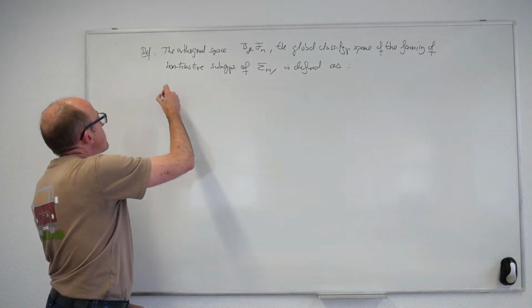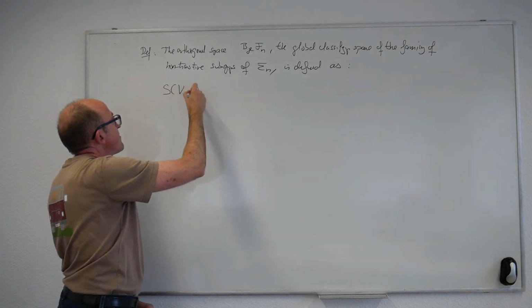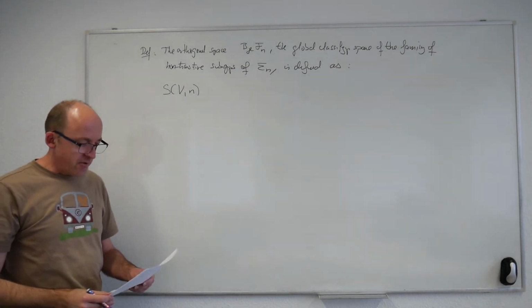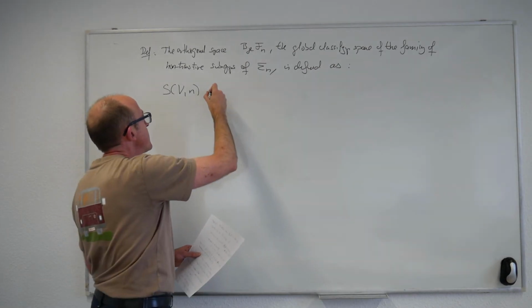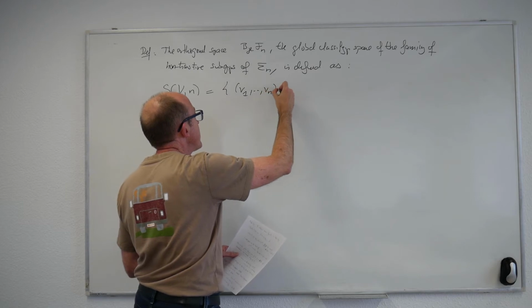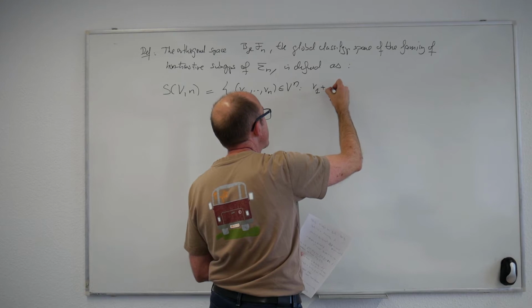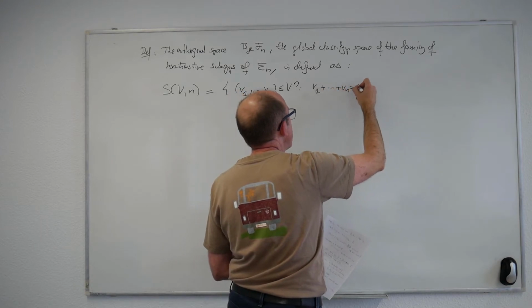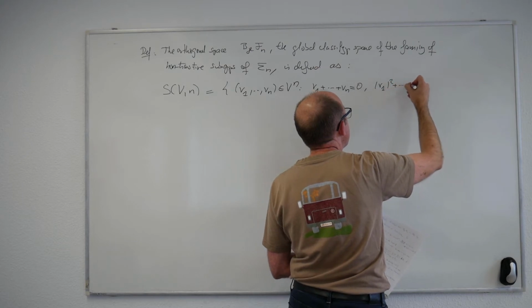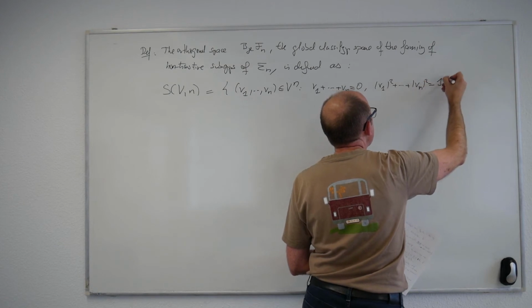So first I define an orthogonal space that I denote S(-,n), and I define S(V,n). V is an inner product space that is allowed to vary, and this is the space consisting of all tuples of vectors v_1 up to v_n in V^n that satisfy two conditions. First of all, they sum up to 0. Also they have unit length, so |v_1|^2 + ... + |v_n|^2 is 1.